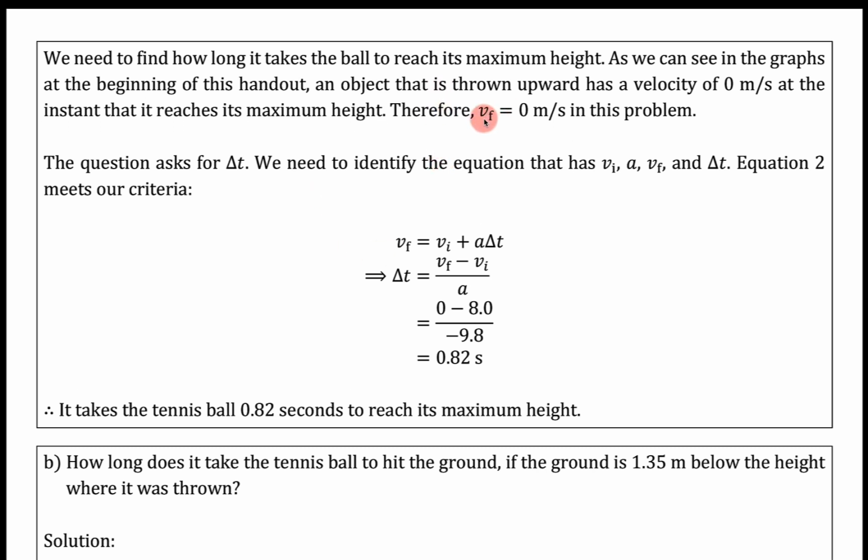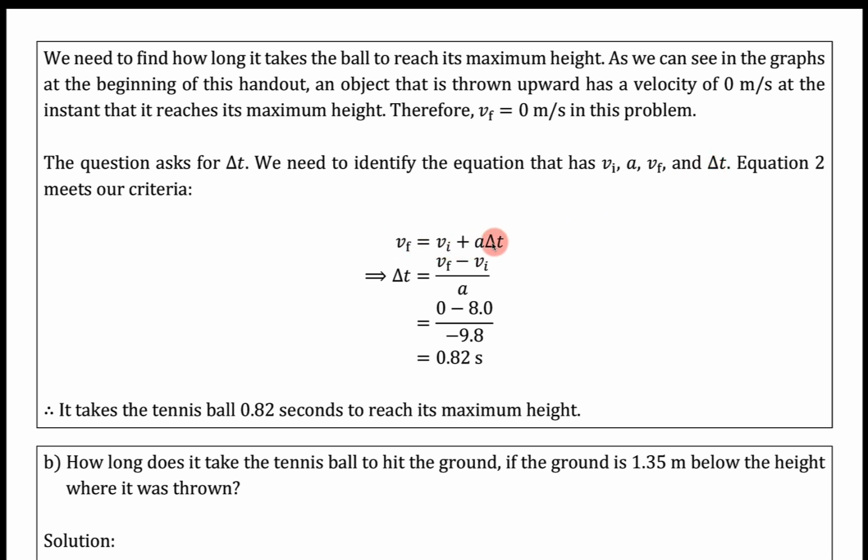Our third piece of information is that Vf equals 0 meters per second. So Vf equals 0 meters per second in this problem. Okay, so the question asks for delta t, and so we need to find the equation that has Vi, A, Vf, and delta t.